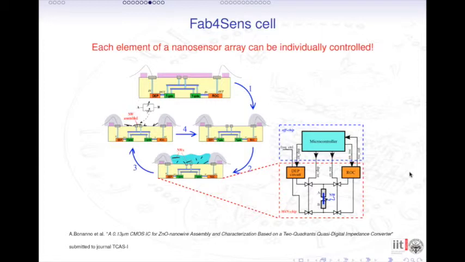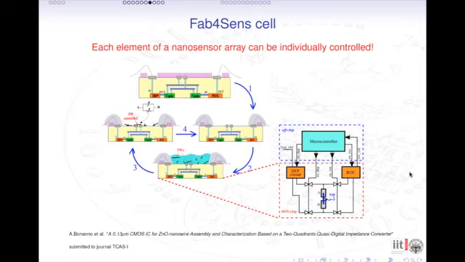All these small systems on chip are controlled with digital signals, so you can use an external microcontroller to manage the two phases, the dielectrophoresis phase and the readout phase.